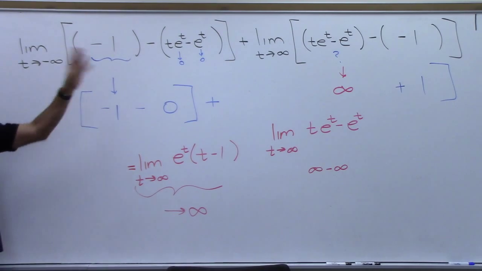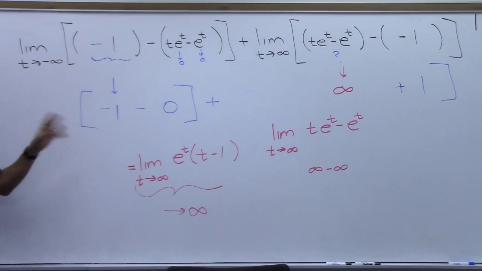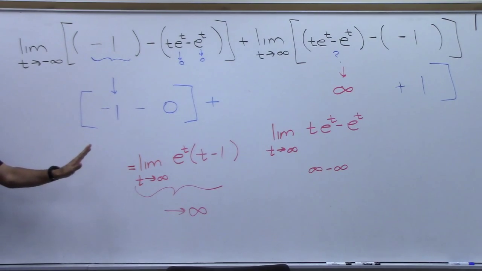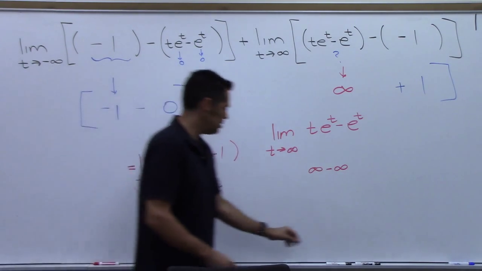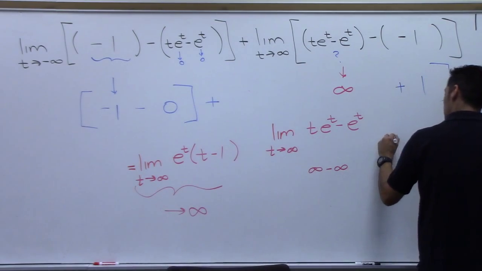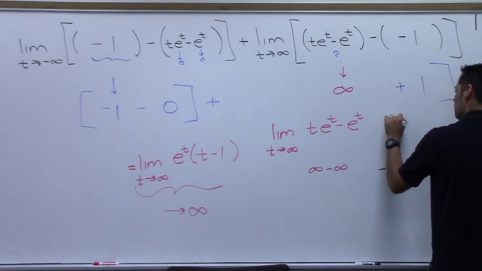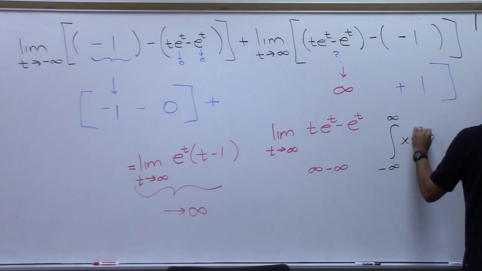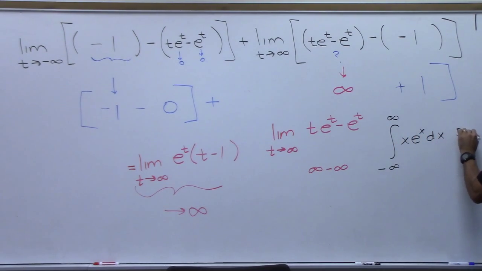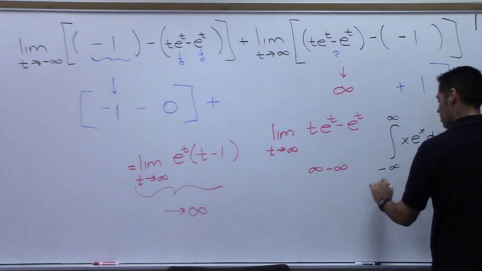If any piece of this goes to infinity, it's done. So that integral diverges. The integral from negative infinity to infinity of x e to the x dx diverges. No, diverges. That's all you say.